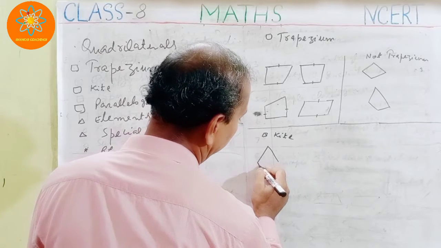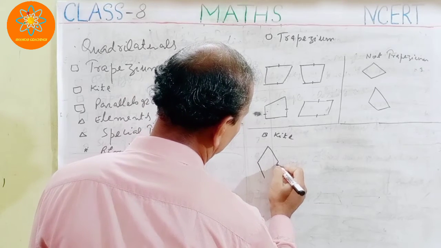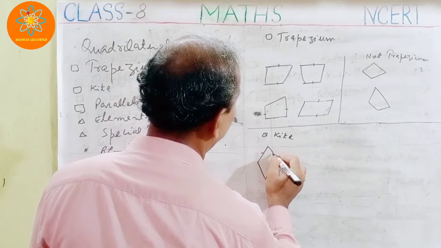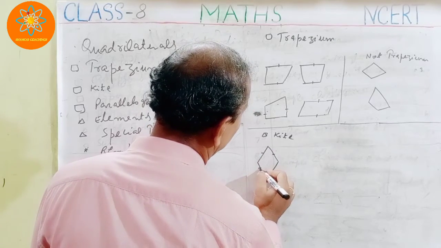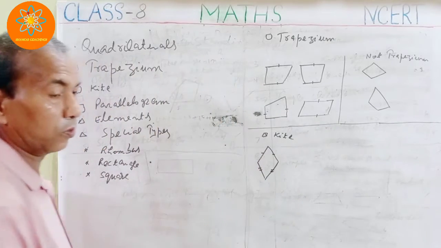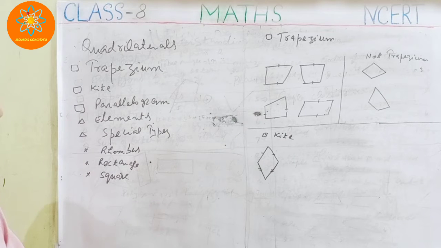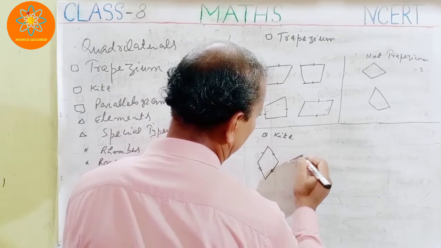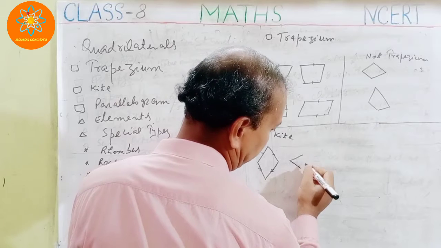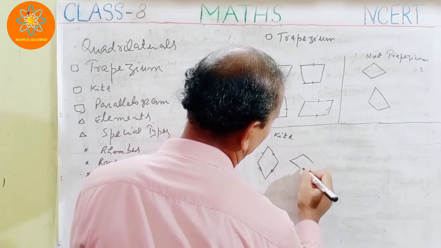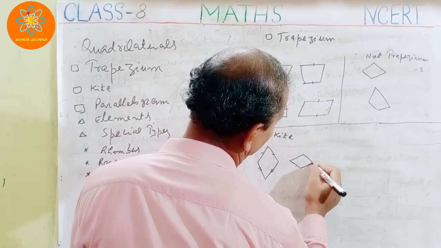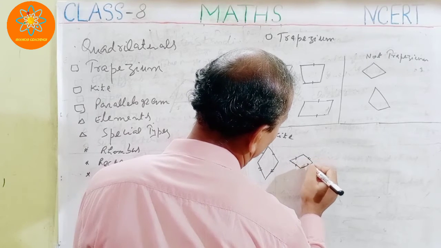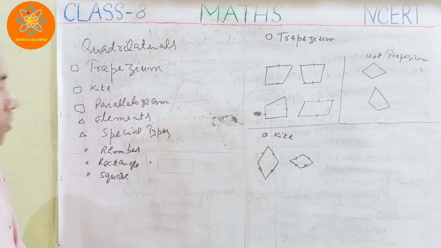Here you can say this and this, these two sides, this pair of sides is equal. So it is a kite. Likewise, I can take another one like this. One pair of sides, this and this, is equal. So this is an example of a kite.